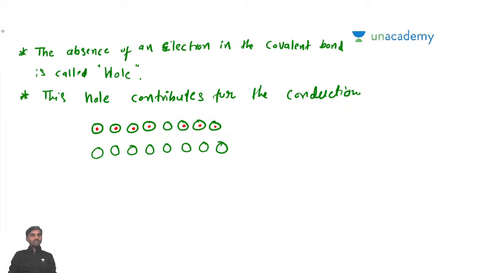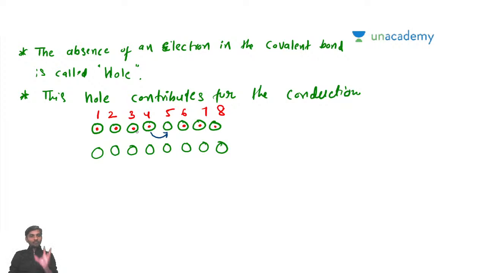Let's say the positions are 1, 2, 3, 4, 5, 6, 7, 8. The hole is in the fifth place, and the electron in the fourth may try to go into the fifth place.